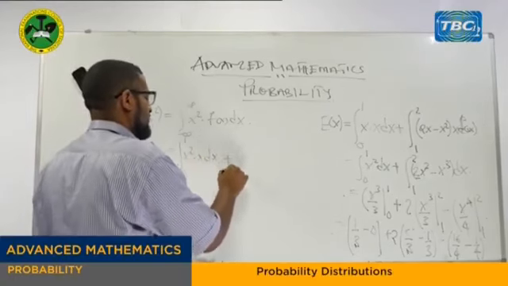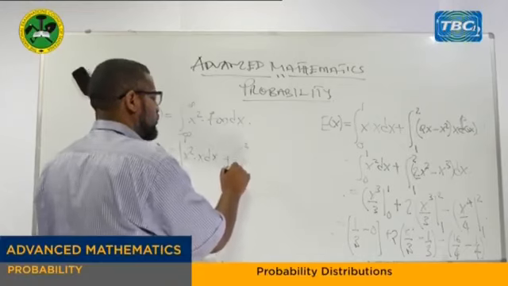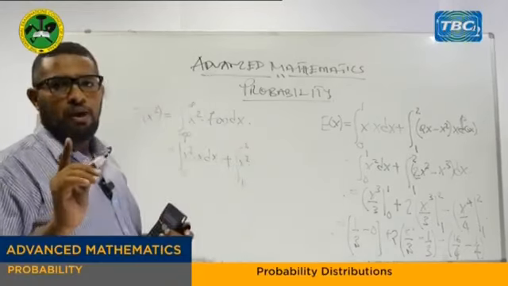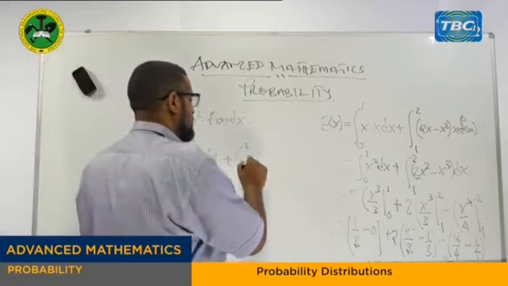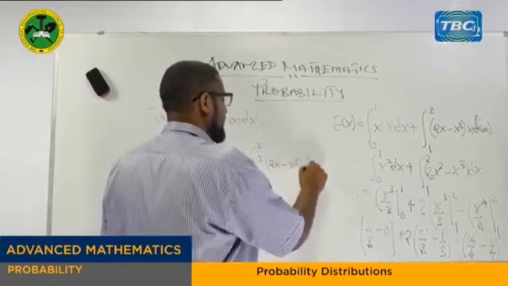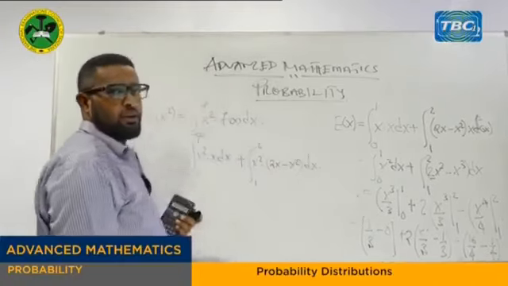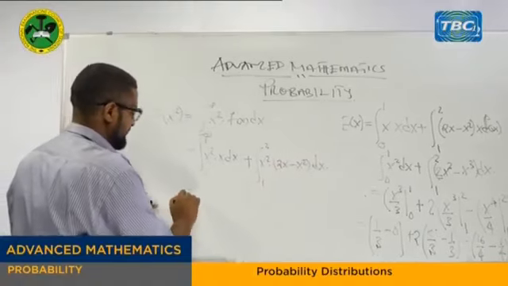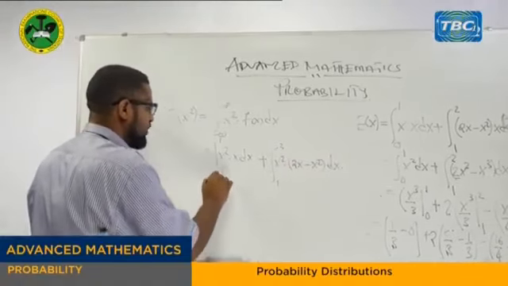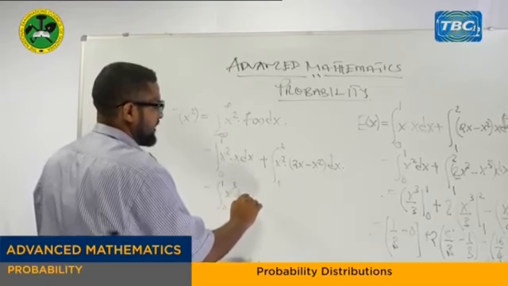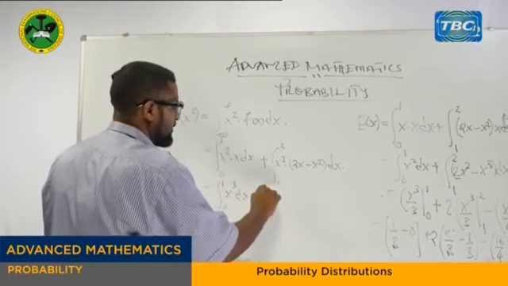Then we plus from 1 to 2 of x square, from the formula, multiplied with our second function, which is 2x minus x square, dx. Thereafter, simplify first. From 0 to 1, here we have x power 3 dx plus from 1 to 2.